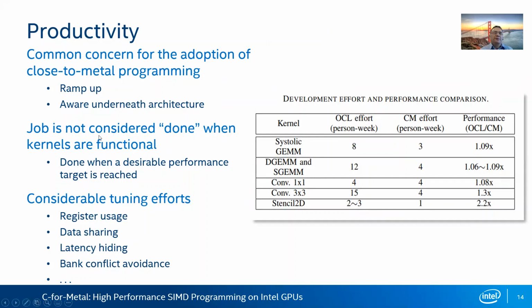In our view, when writing a kernel, the job is not considered done when the kernel is functional. It is done when the desired performance target is reached. And very often the tuning consumes most of the effort. Like we need to decide how to do the register control, how to do the data sharing, how to hide latency, and so on and so forth.